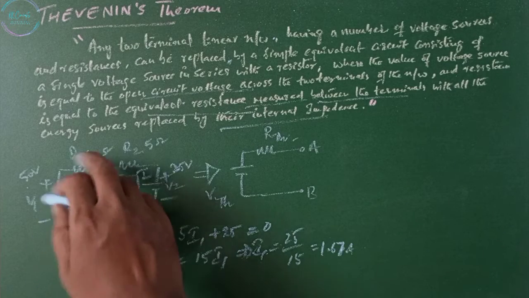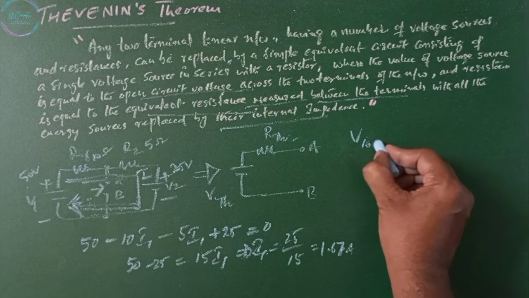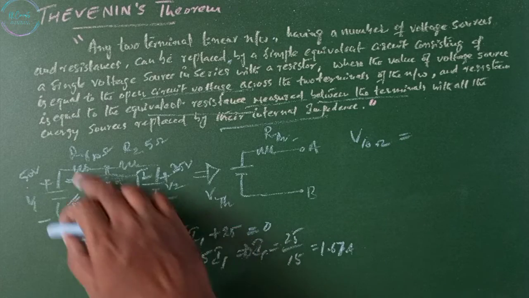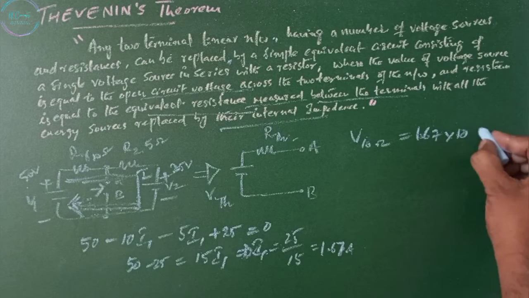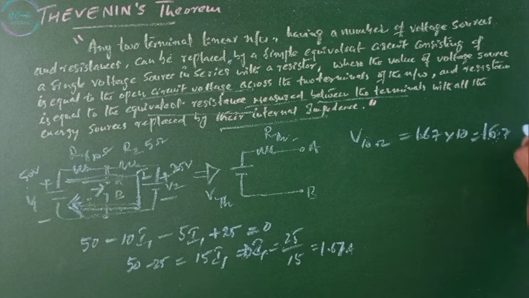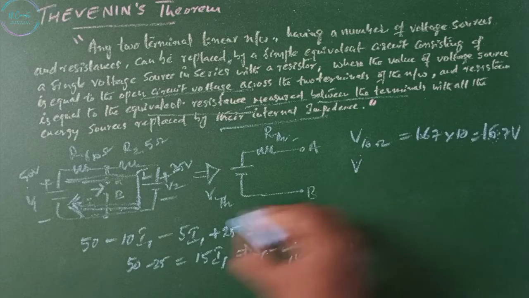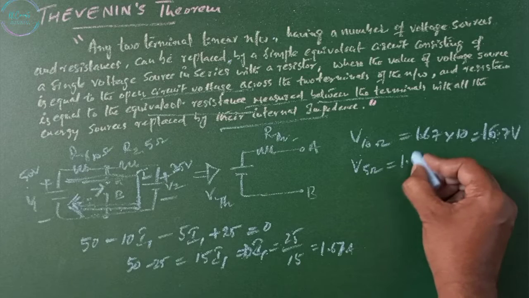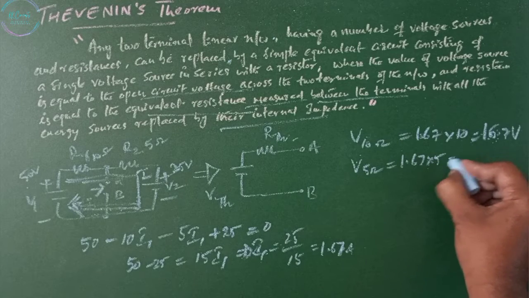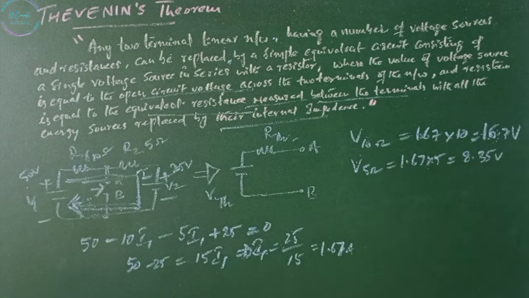Voltage across 10 ohms, that is V 10 ohms, is given by the current in this, that is 1.67 amps, multiplied by 10 ohms, that is 16.7 volts. Similarly, voltage across 5 ohms is given by 1.67 into 5, that is 8.35 volts.